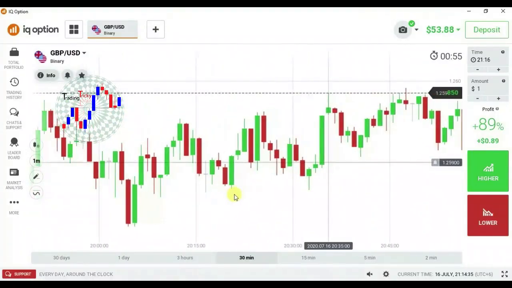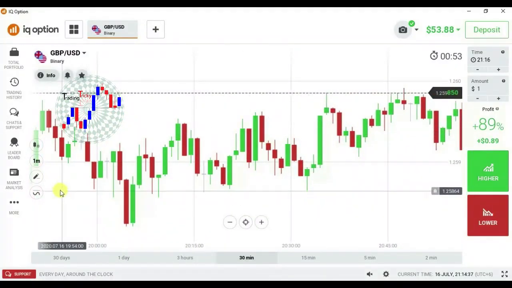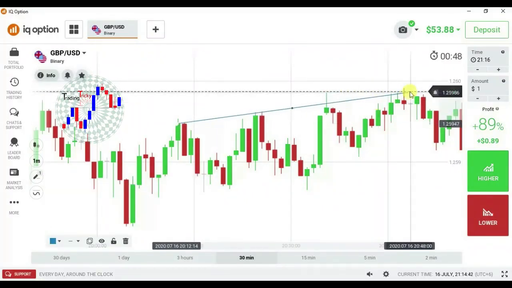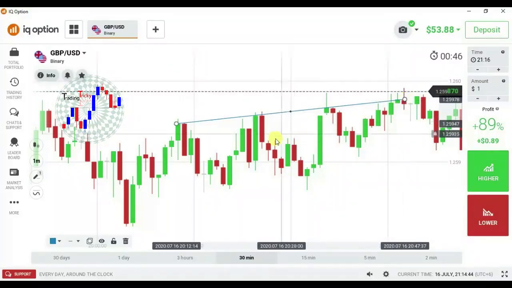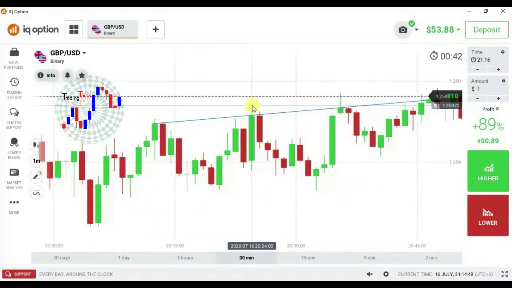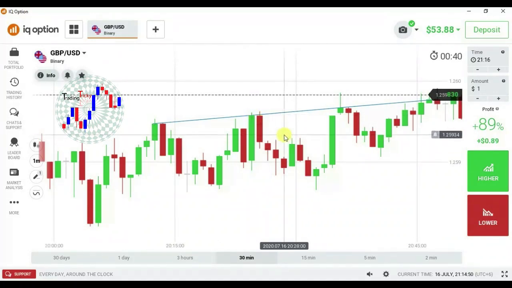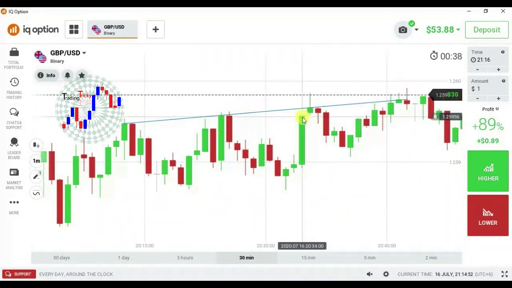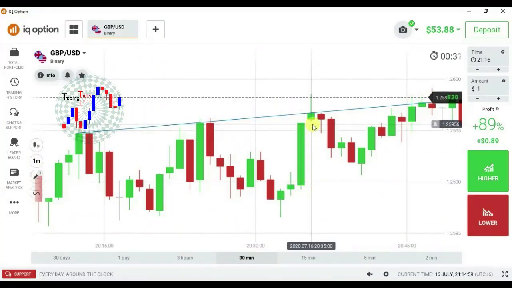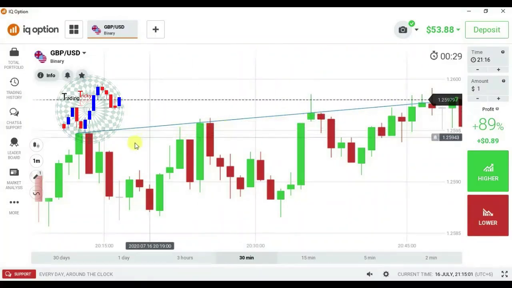Okay, as you can see, this is the price line. When the price comes here, we can see the price is going down, and here also you see the price increase strongly, but still there is some gap.